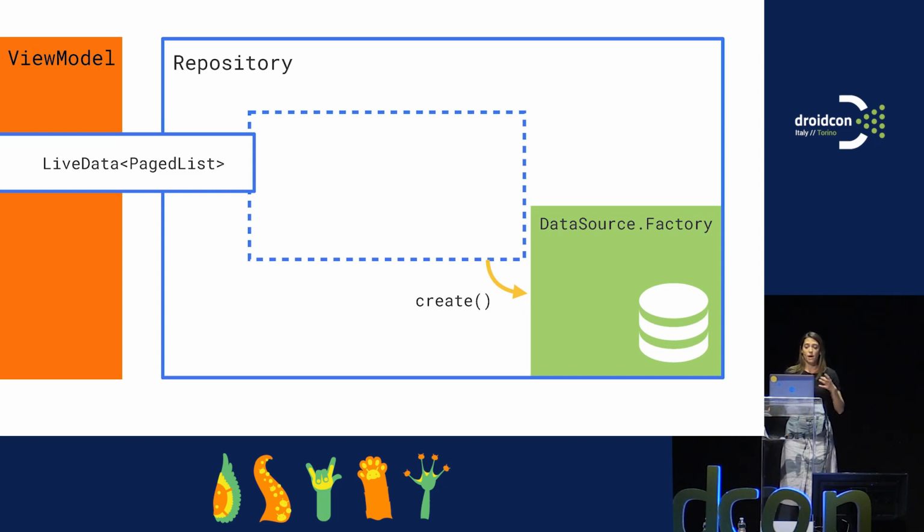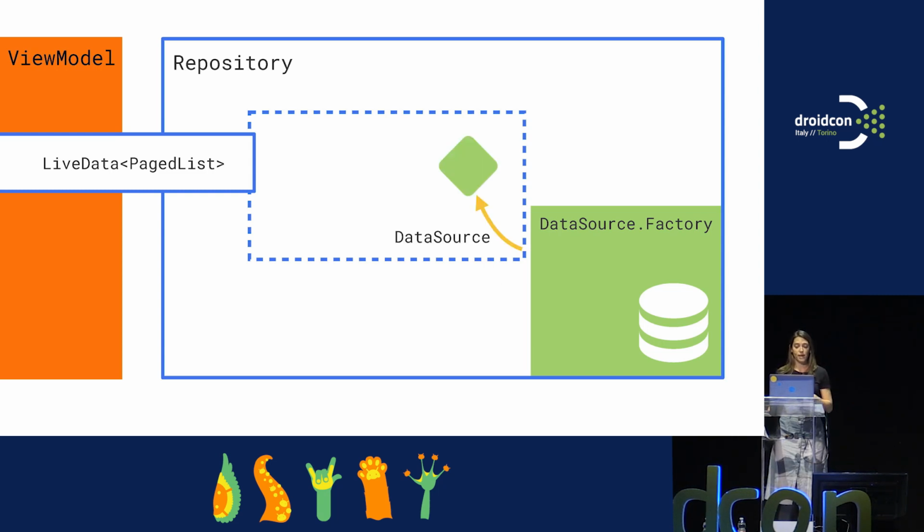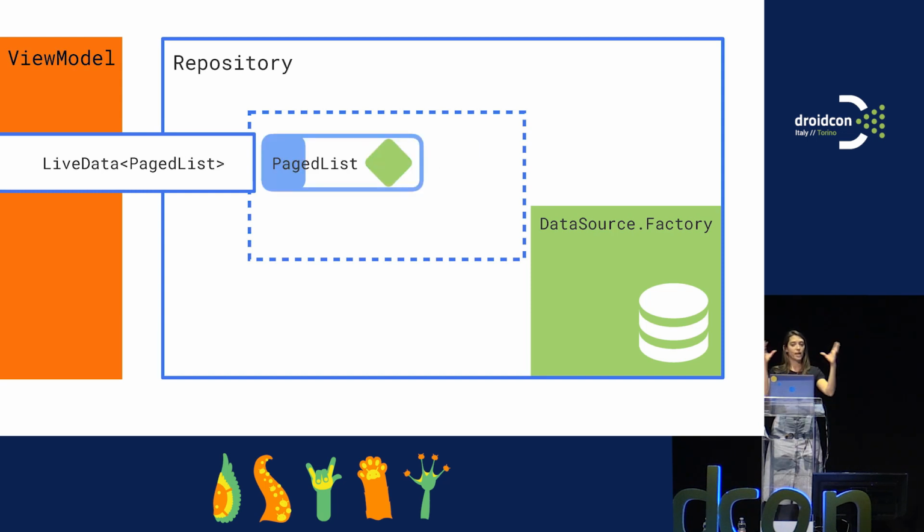But only when we have an observer to that LiveData of a PagedList, we are creating the data source based on the data source factory. And then from the data source, we are requesting the initial data based on that initial setup that I mentioned before. Then both the data and the data source are held in a PagedList.